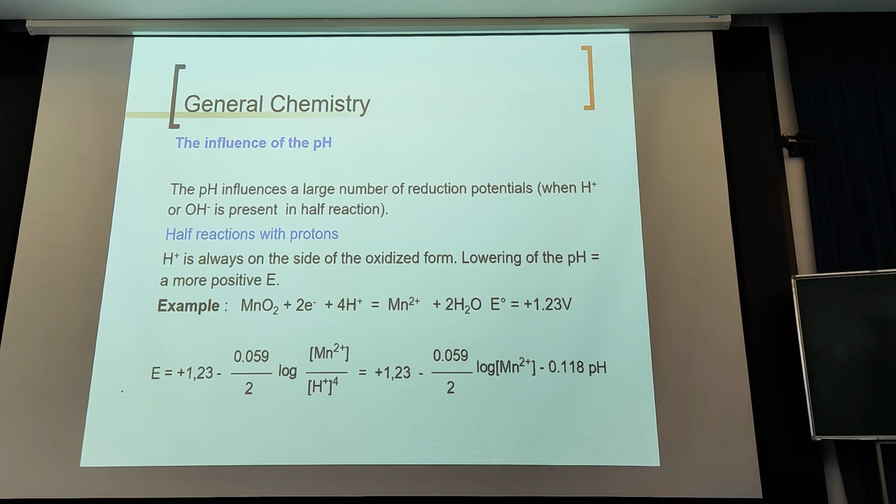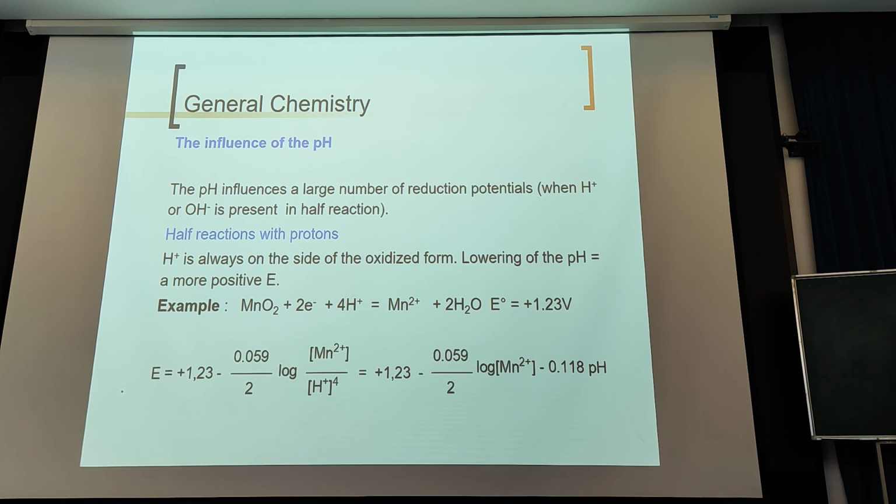The reason is that there is often a very big influence of the hydroxide ion concentration, or the OH minus concentration, on the reduction potential. Also, the species that exist in basic and acidic solutions are not necessarily the same.